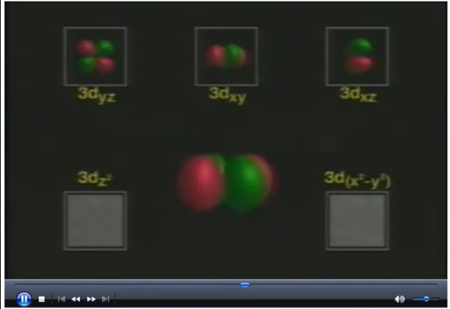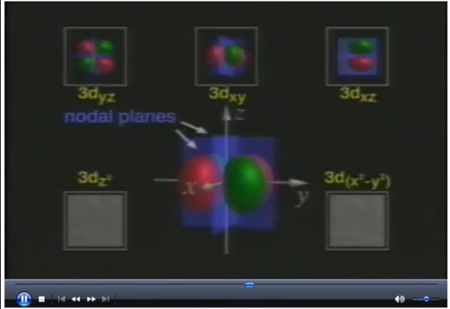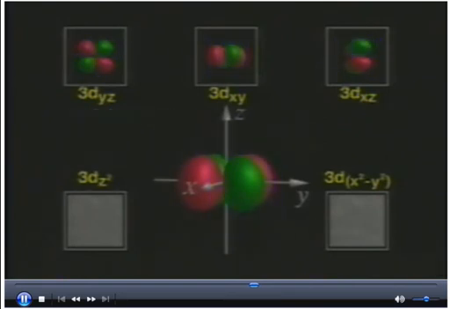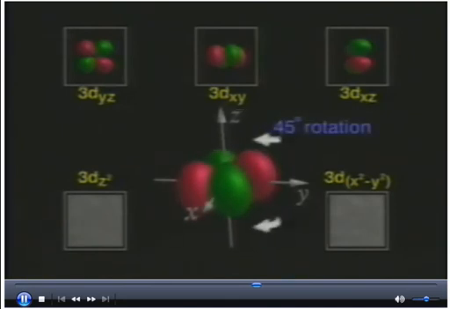3 of the 5 d orbitals look similar to each other. Each orbital has 2 nodal planes, and the lobes of these orbitals bisect the axes. The 4th orbital is formed by rotating the dxy orbital until its lobes point along the x and y axes.